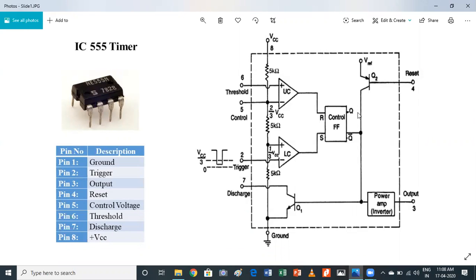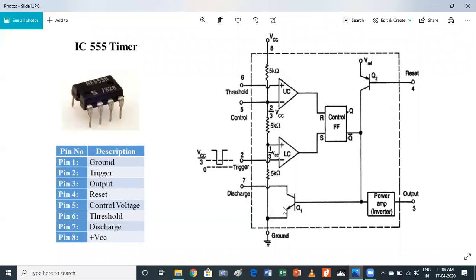So the Q becomes 1 and Q bar 0. So 0 output is given to the inverting amplifier. So we can get high in the output pin 3. Because this is an inverting amplifier, whatever we are giving will be inverted, and then we get the inverted output at pin number 3.